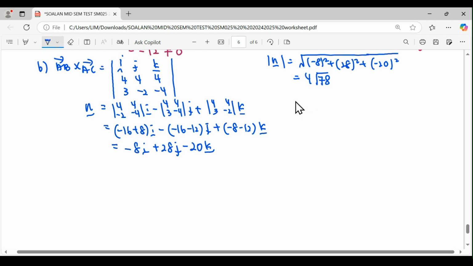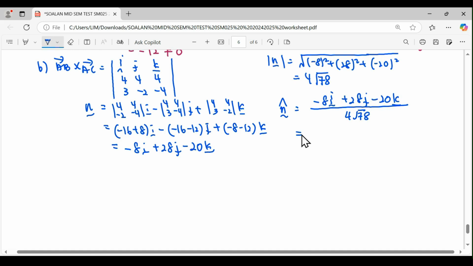So finally, the unit vector for the normal will be the vector divided by its magnitude.